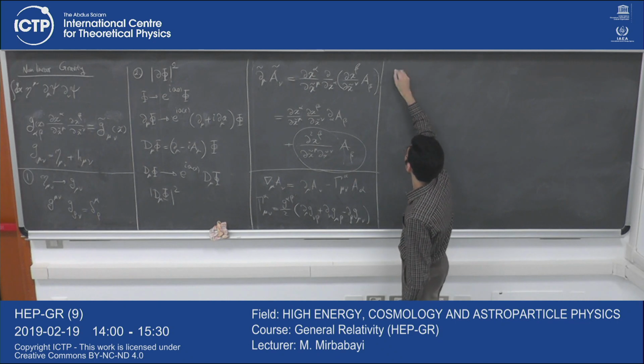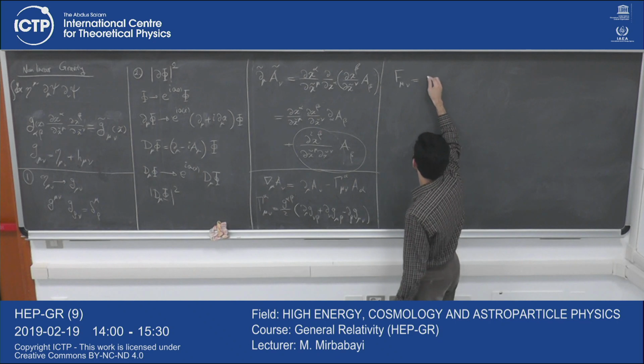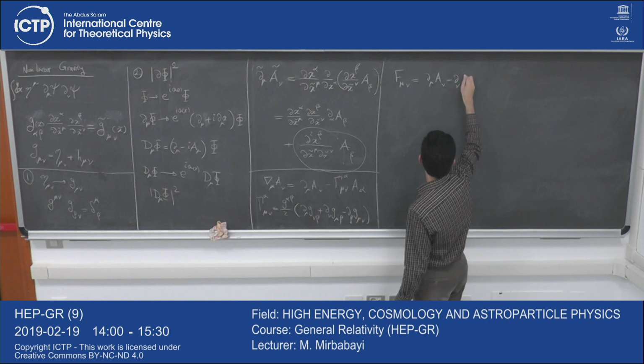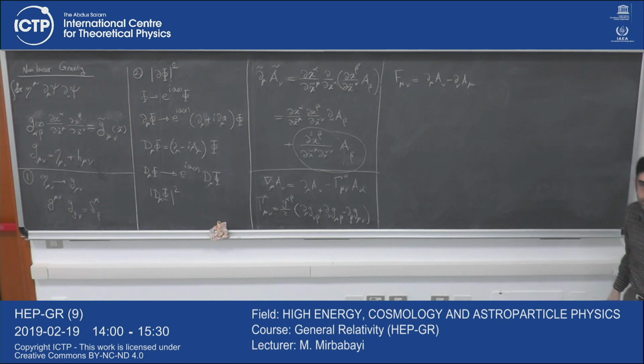So if I construct the antisymmetric field strength, d mu A nu minus d nu A mu, that object is a tensor, even if I use ordinary derivatives, because that extra piece cancels from the transformation of two terms. This has some deeper reason.